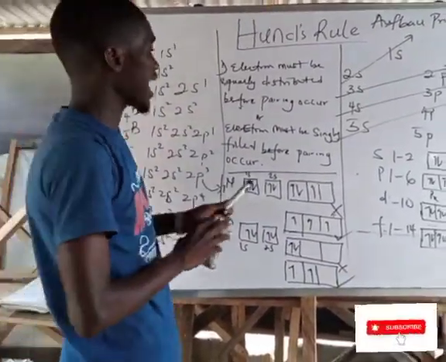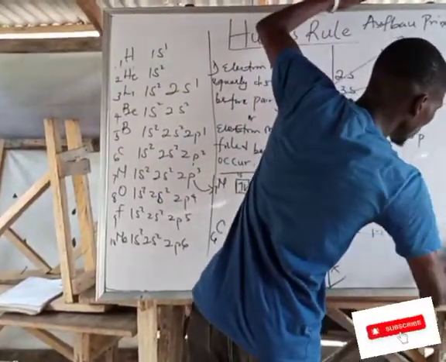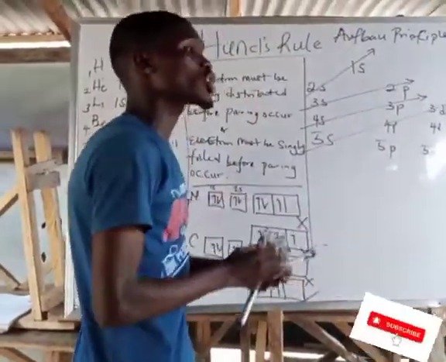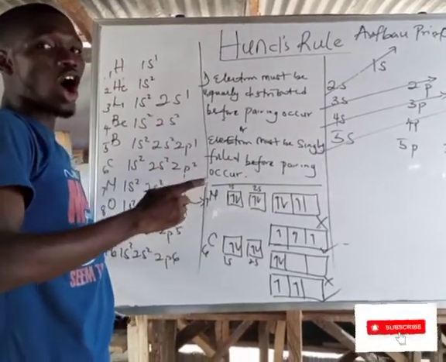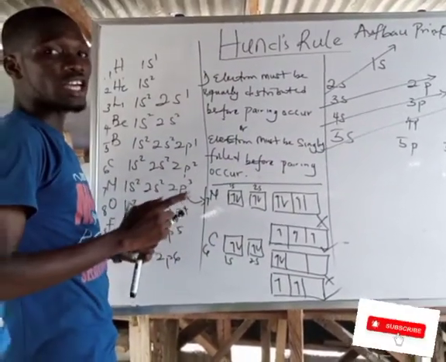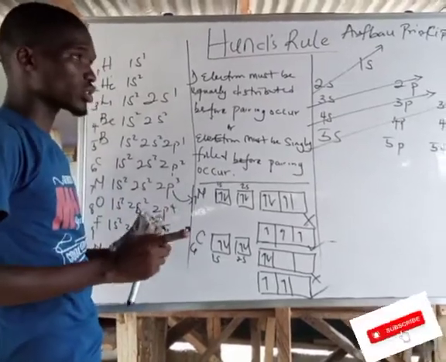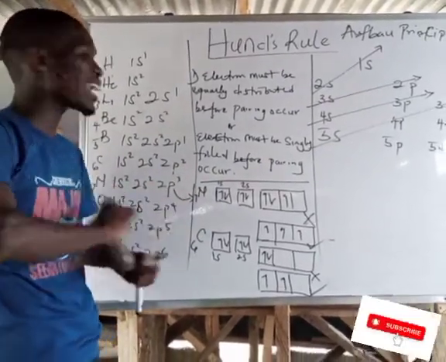And note that in Hund's rule, electrons in a subshell, before they pair with other electrons, must undergo what we call parallel spin.